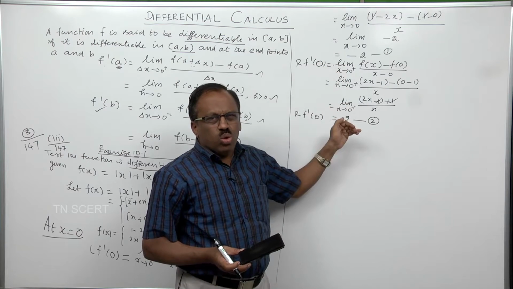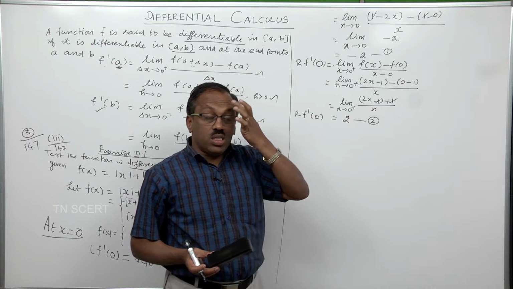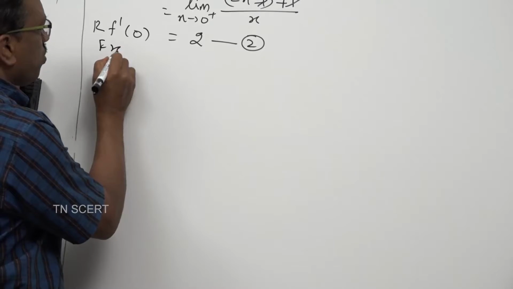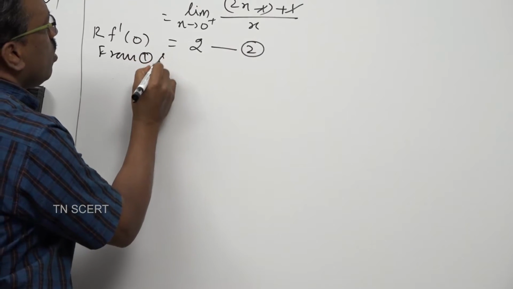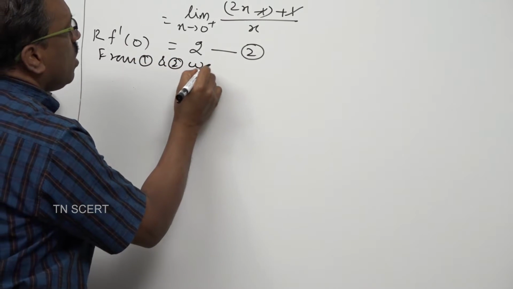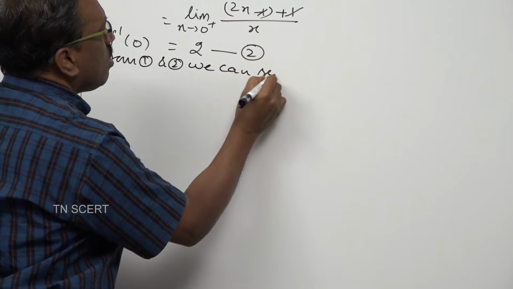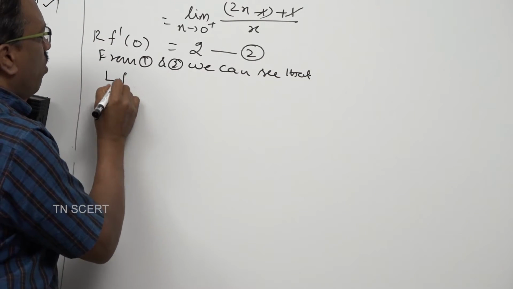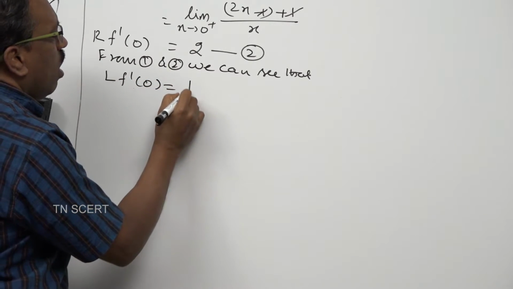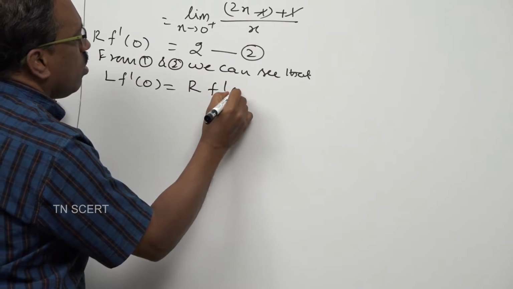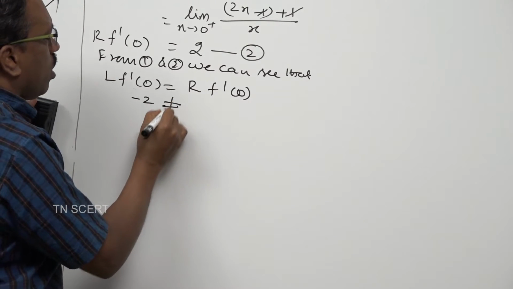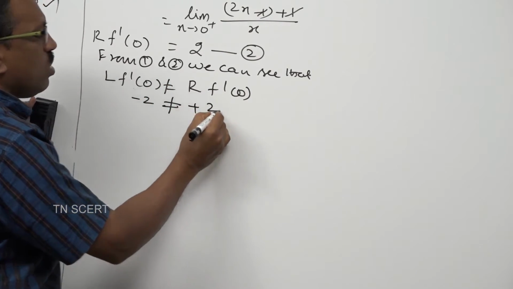By seeing these two, what do you understand? It is not differentiable. From 1 and 2, we can see that L of f dash of 0 and R of f dash of 0 are not equal, that is, minus 2 is not equal to plus 2.